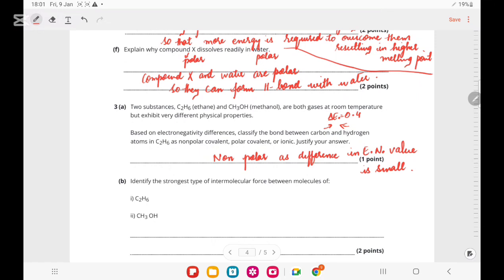Then identify the strongest type of intermolecular force present between molecules of C2H6 and CH3OH. C2H6 is going to have the London dispersion force, or we can also call this induced forces. Because of the presence of the OH group in CH3OH, it is going to have hydrogen bonding.